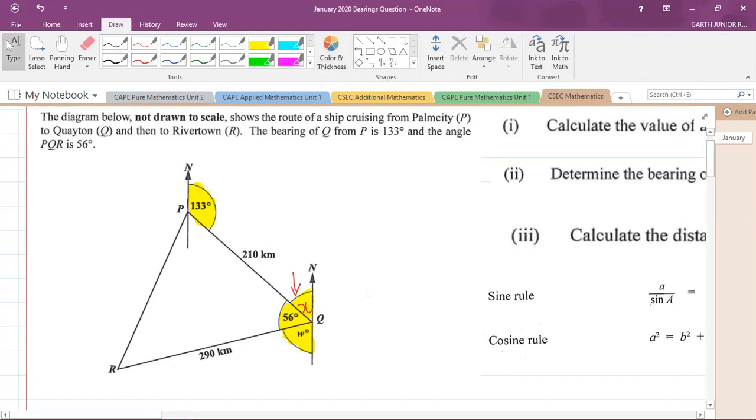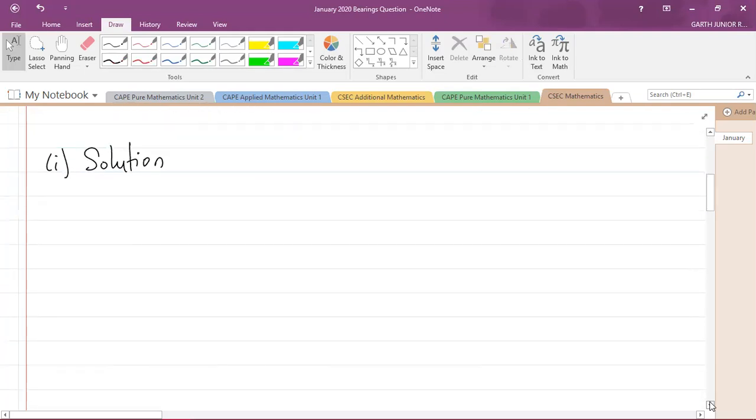I can say that X plus 133 degrees is equal to 180 degrees, and the reason is that they are co-interior angles.